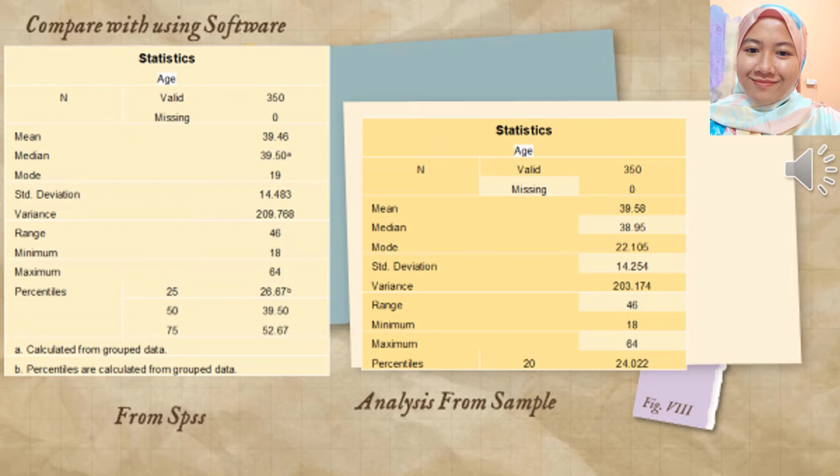From SPSS the variance we got 209.768, compared with the variance from the sample, we got 203.174. So we can conclude that the use of software and sample is not much different. So I think that is all for this part.